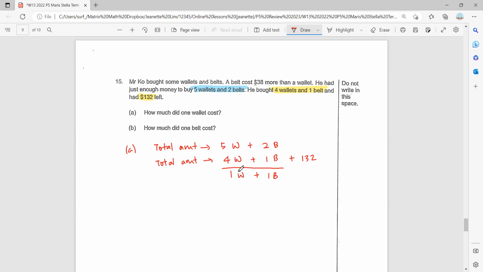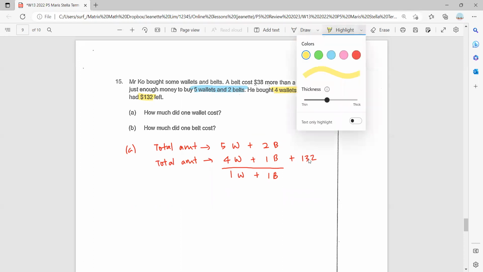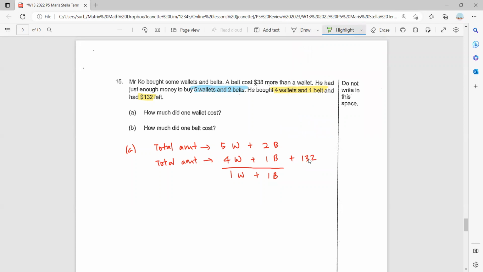But instead, he only got 4 wallets and 1 belt. So this amount of money can actually buy you this. So one wallet and one belt is actually $132.